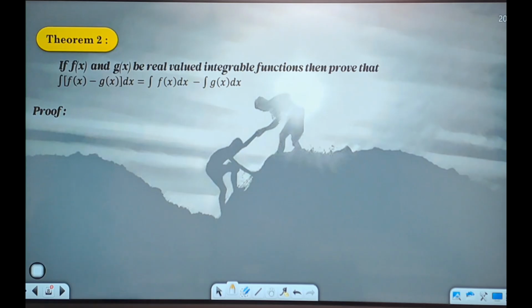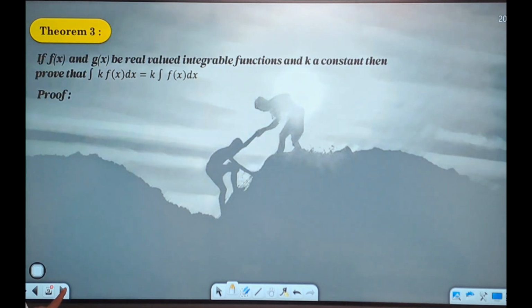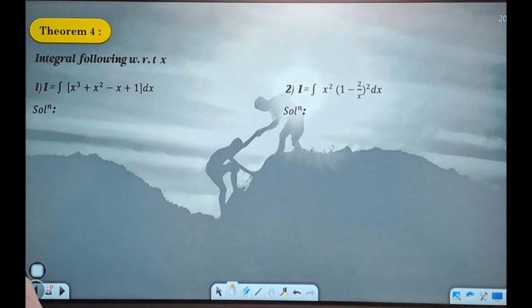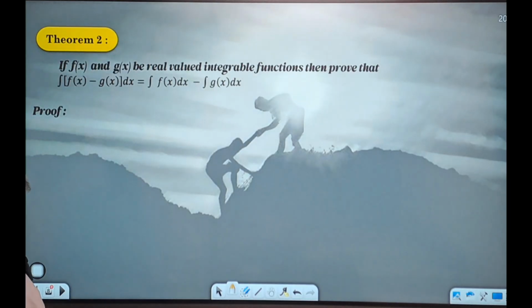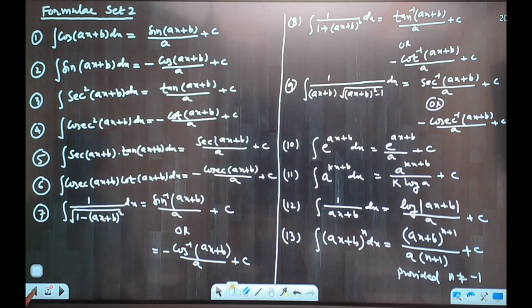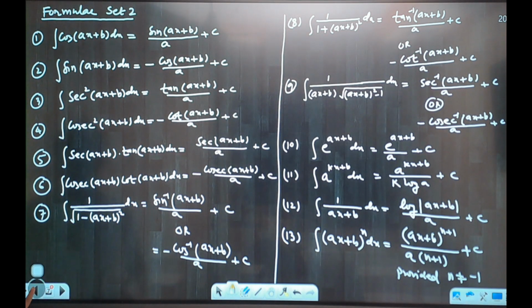Now some theorems are there. If fx and gx be two real valued integrable functions, then prove that integral of fx minus gx is the difference of the integrals. This will be for plus as well as minus both.